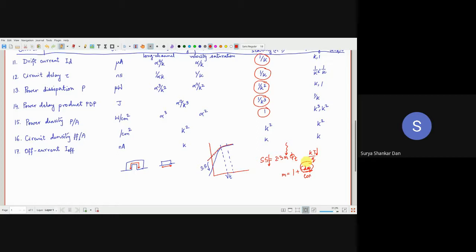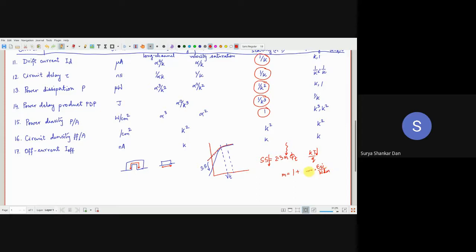You can try and reduce C dep as much as possible, because Cox is almost invariably much larger than Cdep. So if the Cdep is much smaller, then you can essentially do something about it. So Cdep decrease karna matlab, remember what was the Cdep? I could have written C depletion by Cox, right? So C depletion is equal to epsilon si by WDM.